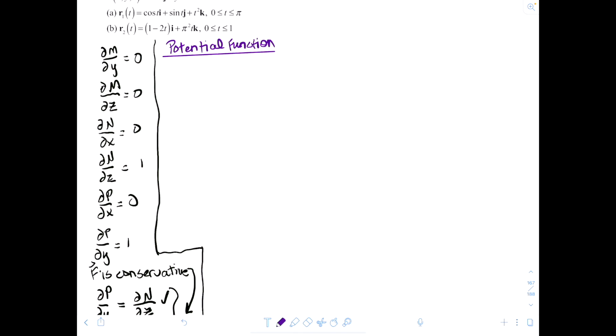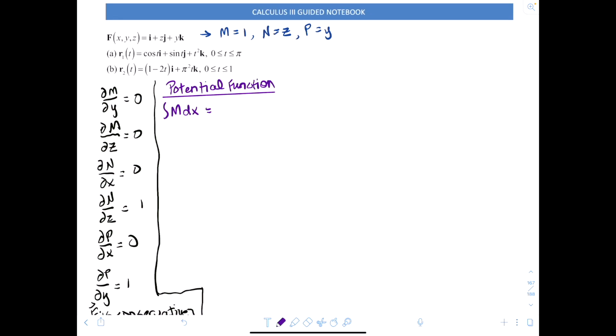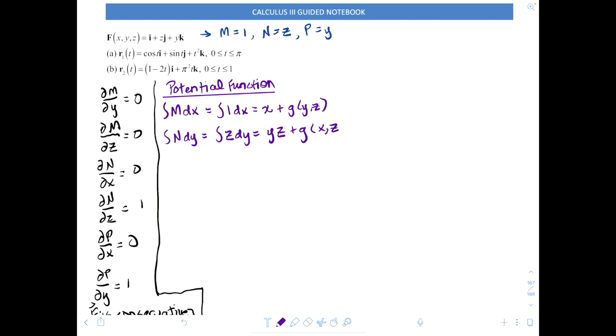All right. So the integral of m with respect to x is equal to the integral of 1 with respect to x. So that's going to give us x plus some function in y and z. Our integral of n with respect to y is equal to the integral of z with respect to y, which is y times z plus some function of x and z.